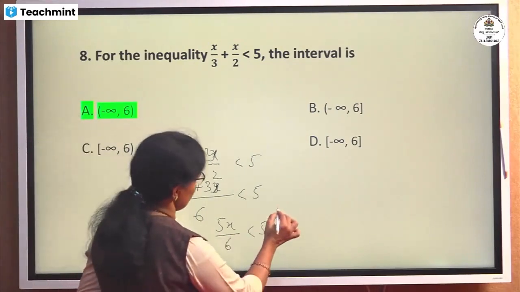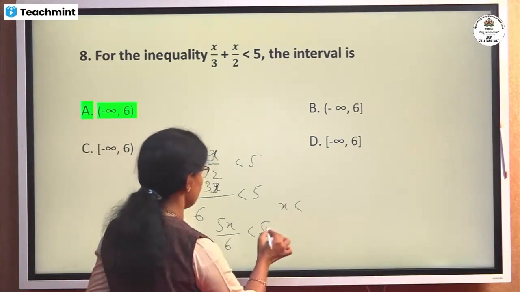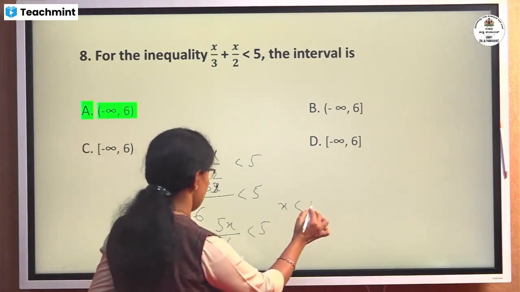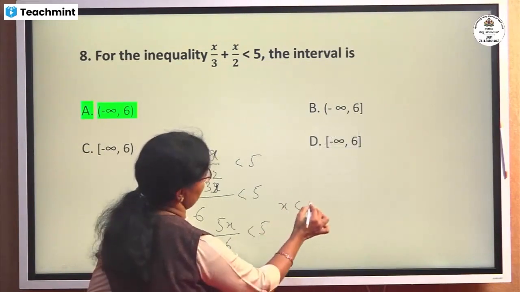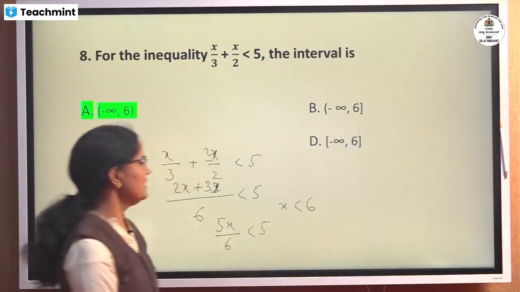Therefore, x is lesser than 5 divided by 5 cancels, x is lesser than 6.